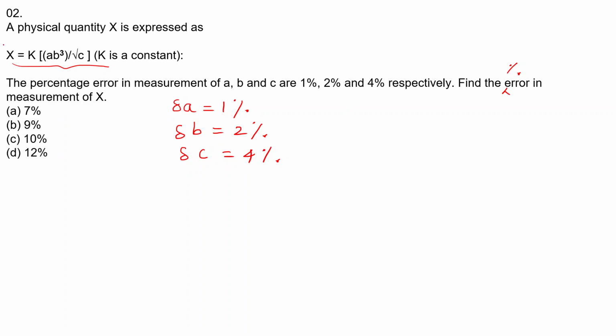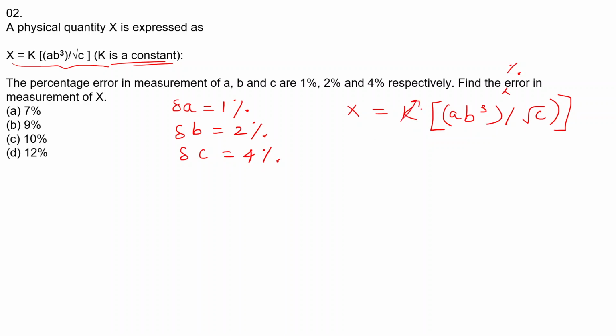Because the formula is given here, K is a constant, it's not being measured, so there is no error related to it, we can ignore this as well. And for the remaining parameters which are being measured, we have to consider the error in those things.